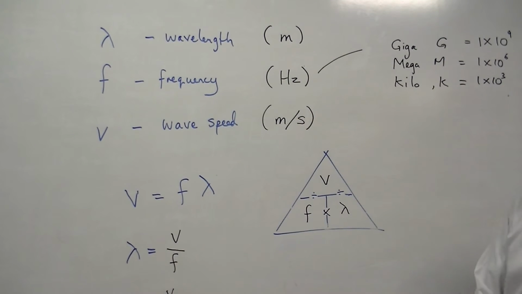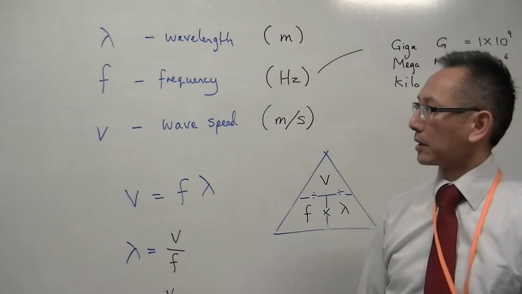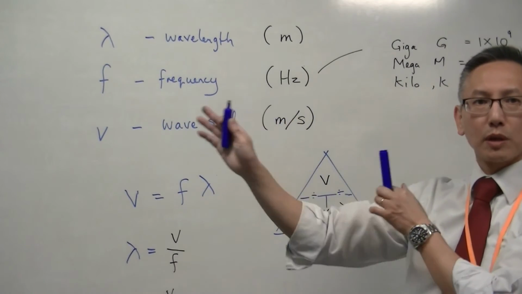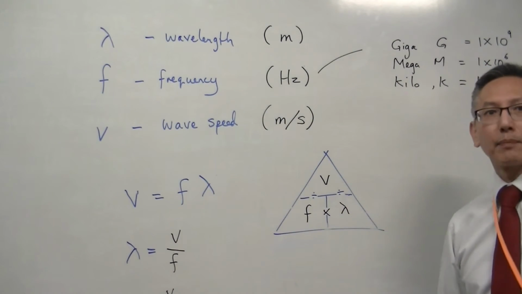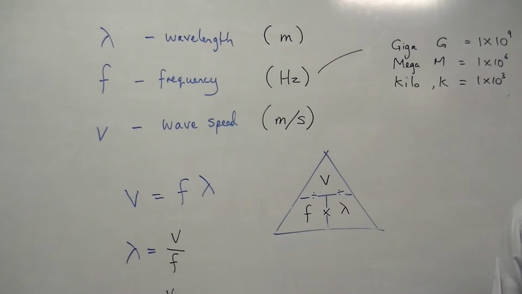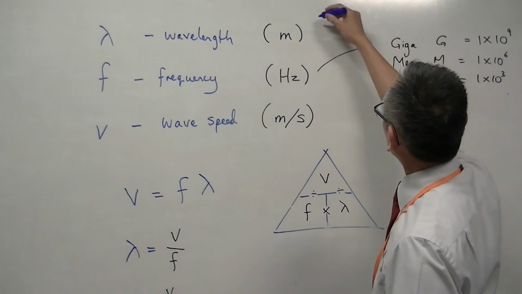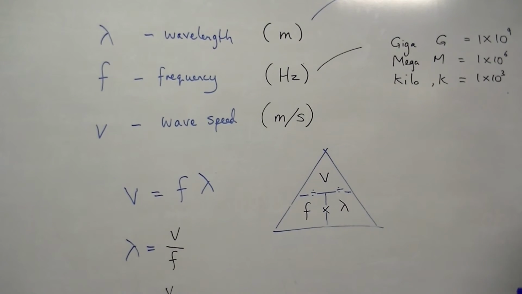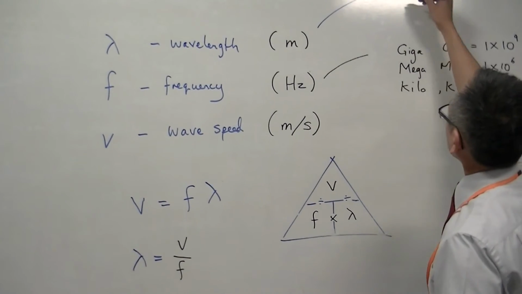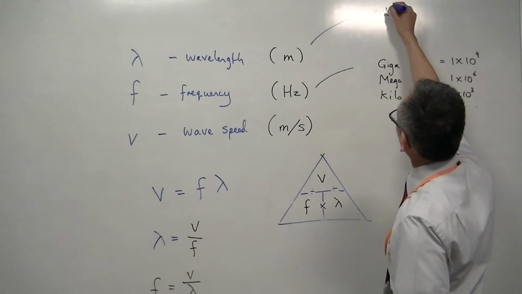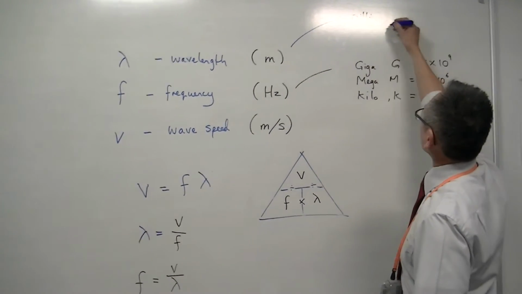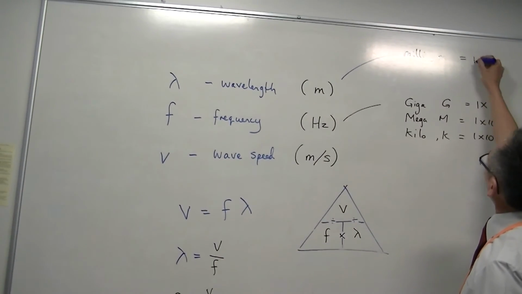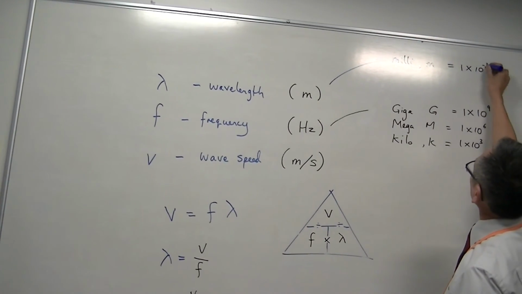Okay? The other one I said was the wavelength. Now, if you remember the electromagnetic spectrum, those numbers in standard form for wavelengths got very small. They were negative. And that's because sometimes you can get these mathematical terms. You might get milli, which is little m, not capital. And milli means 1 times 10 to the minus 3.